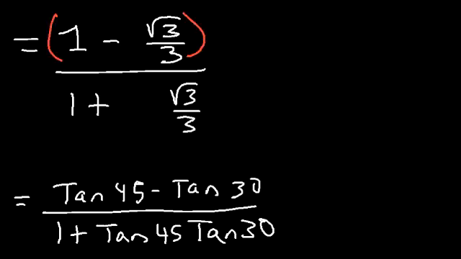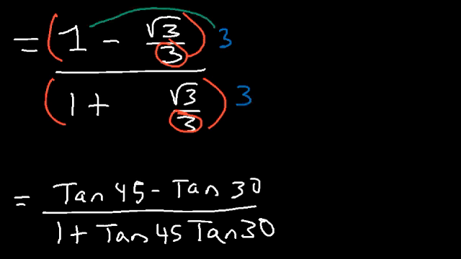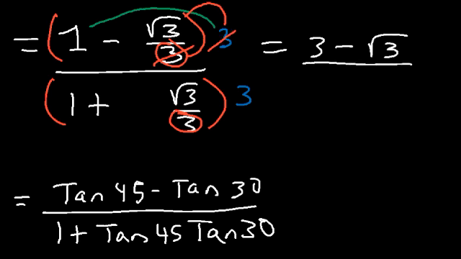What you need to do is multiply the top and the bottom by the common denominator of those two numbers, which is just 3. So let's distribute the 3. 3 times 1 is 3, and then minus 3 times root 3 over 3, the 3's will cancel, leaving just root 3. And then the same thing's going to happen here. 3 times 1 is 3, and then plus root 3.